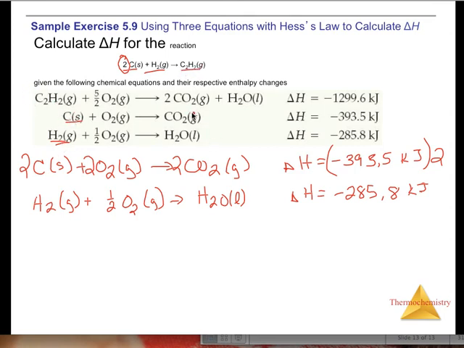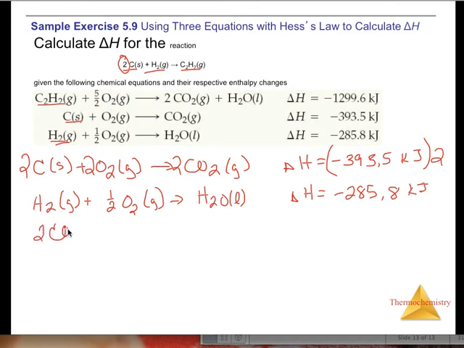I notice that my product is C2H2. Well, C2H2 only shows up here. It's a product in my target equation. It's a reactant in my given, so I'm going to have to reverse this equation.